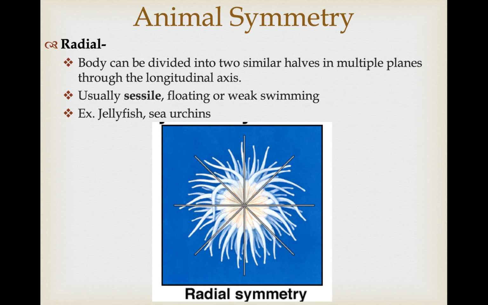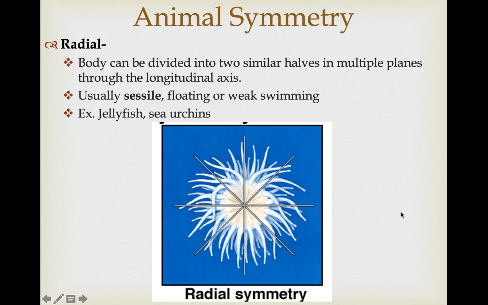And typically, radially symmetrical animals are sessile, meaning they're attached to the surface. They're typically aquatic, and so they're attached to a rock or the bottom of the water body that they're in. Or they might be floating, but they're not really moving in any strong directional way. At best, they have very weak swimming capabilities. Sea anemones would fit this.